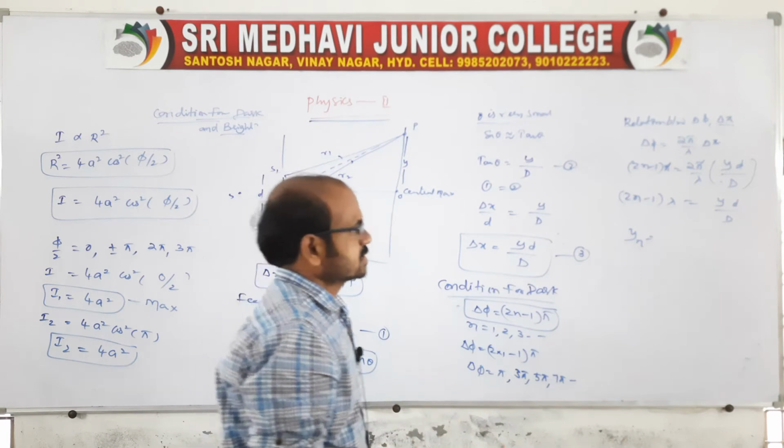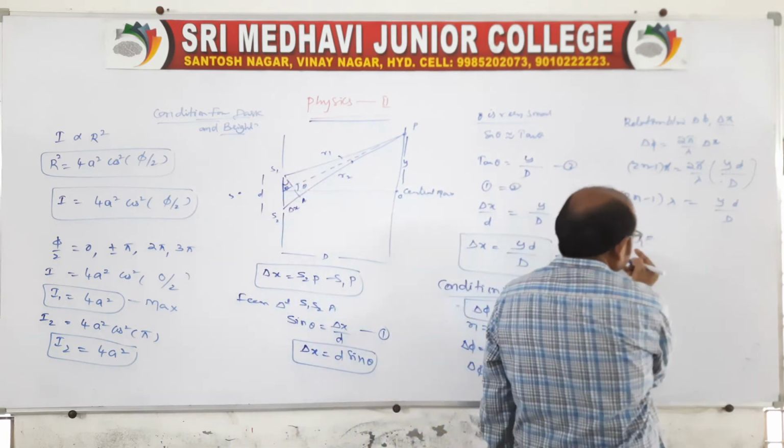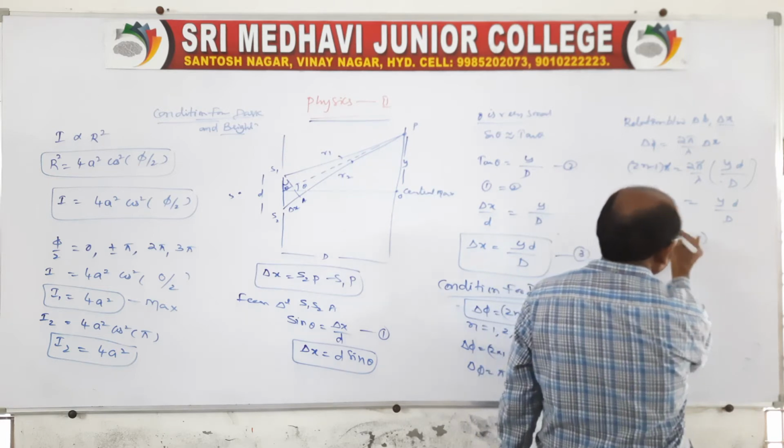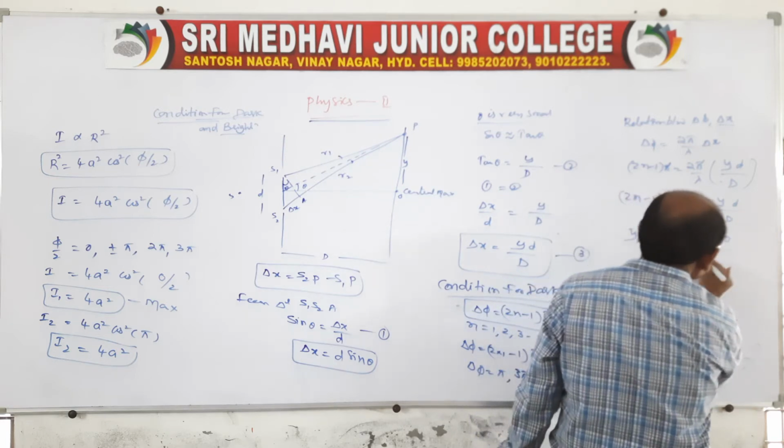So the condition for a dark band will be yn is equal to 2n minus 1 into lambda capital D by small d.